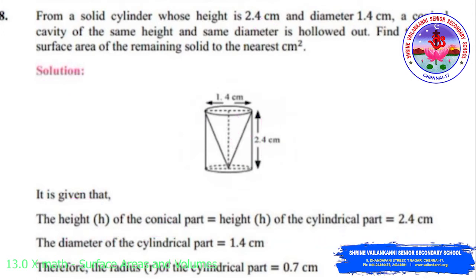The diameter of the cylindrical part will be equivalent to the diameter of the cone. He has given the diameter of the cylinder is 1.4 centimeter. So my diameter of the cone will be equivalent to the diameter of the cylinder, which is equal to 1.4 centimeter. So I am writing the radius of the cylindrical part is equal to 1.4 divided by 2, which is equal to 0.7 centimeter.